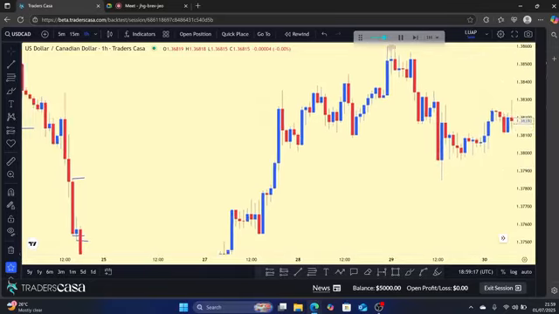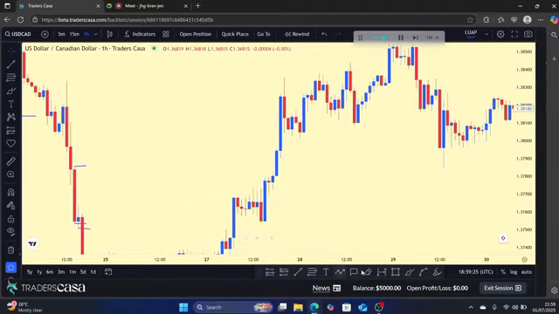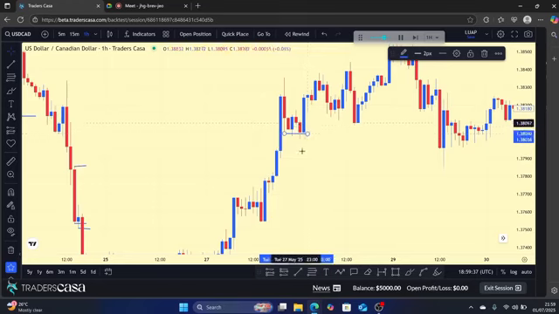Right, so exactly right here I can clearly see this is a valid pullback in a bullish scenario. Price has been breaking past the highest point until here, where price broke past the lowest point with some wicks, and then price broke past the highest point again.